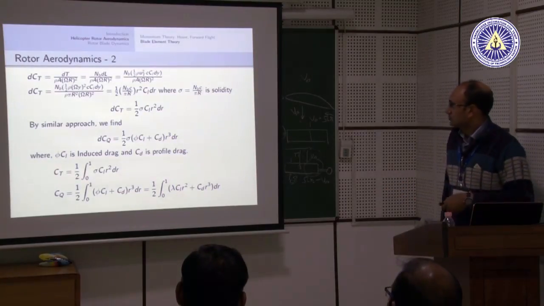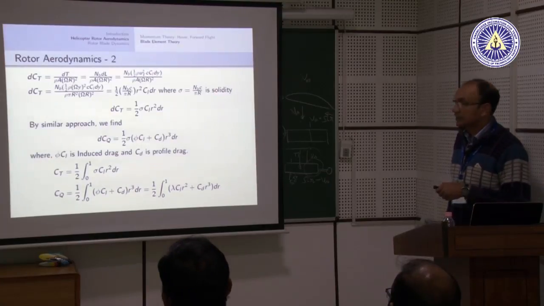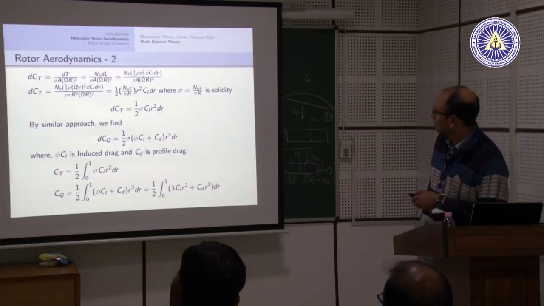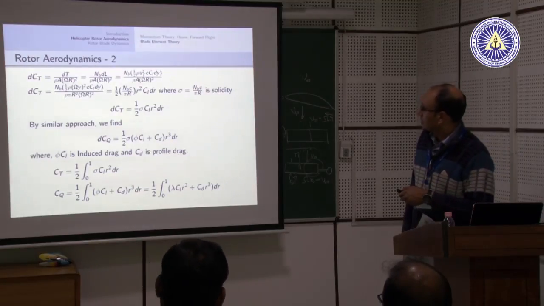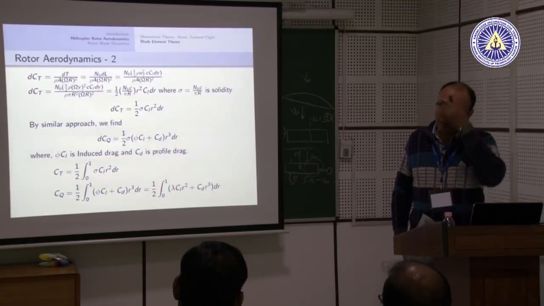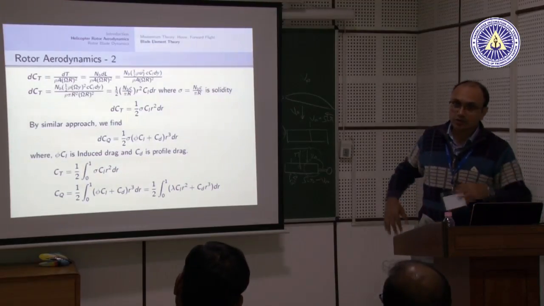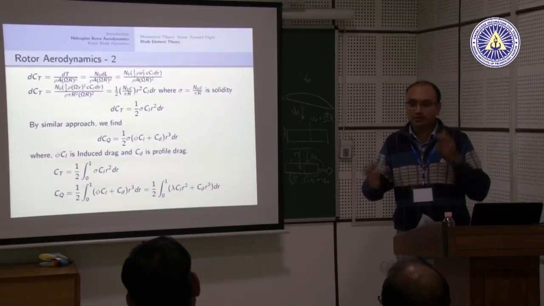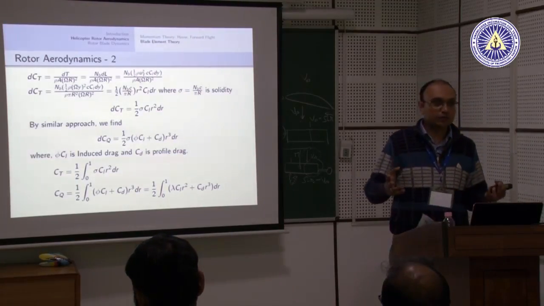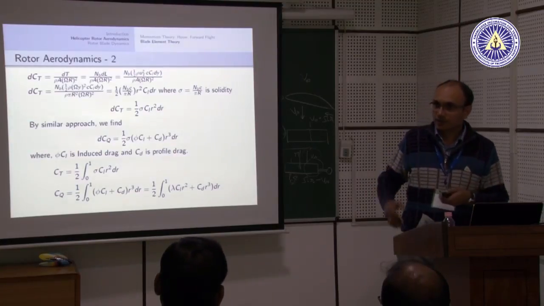And what is this sigma now? This sigma is called the solidity of a rotor, and it is defined by the ratio of your blade area divided by the disc area. So far in the actuator disc theory, we are only looking at the disc. So, our A was pi r square, but in the blade element theory, my total lift will depend on the area of my blade itself. So, what is my area of the blade?